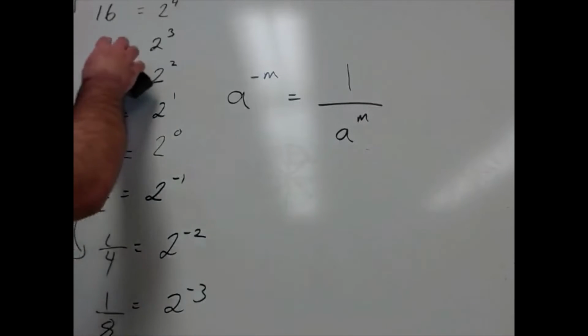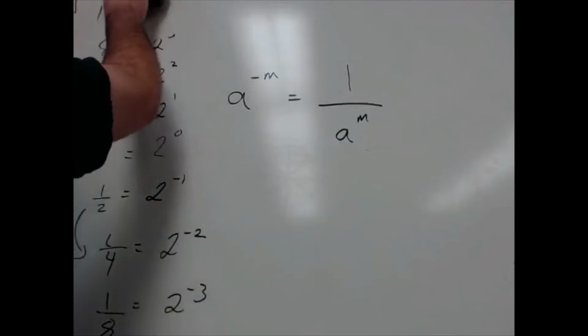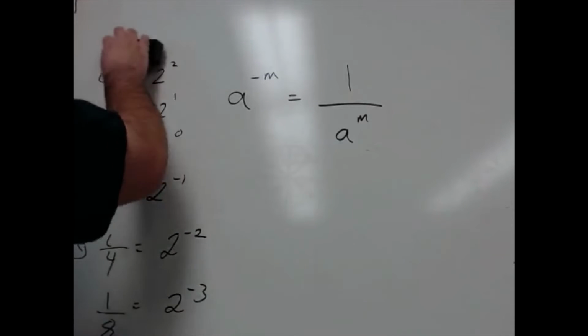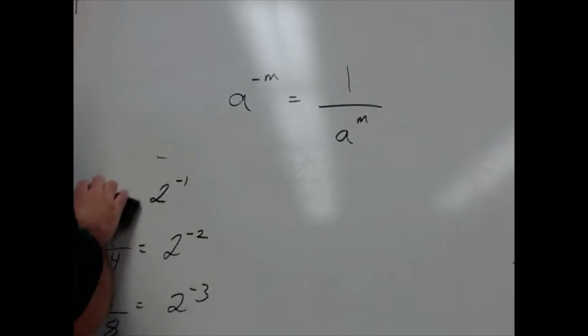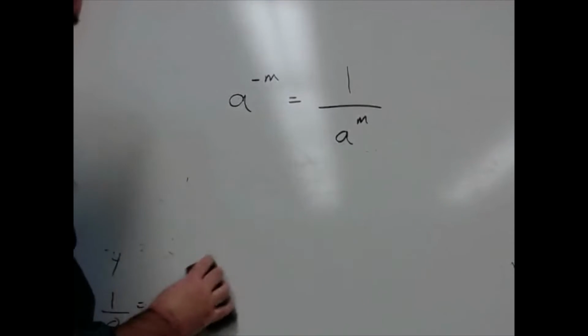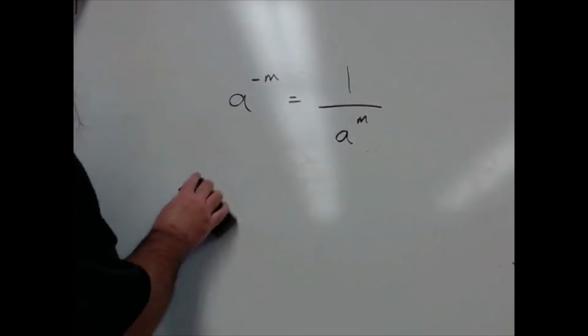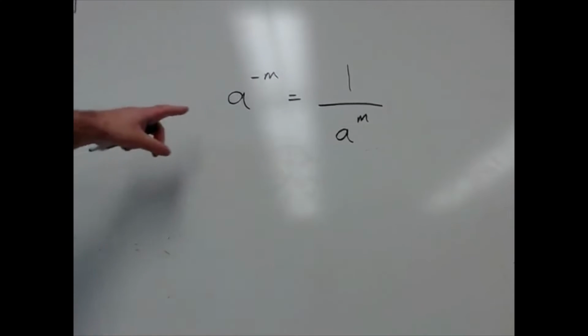Okay, so let's look at a couple of examples using negative exponents now, and some of the things that we just covered. So the first one, we'll start out really easy.